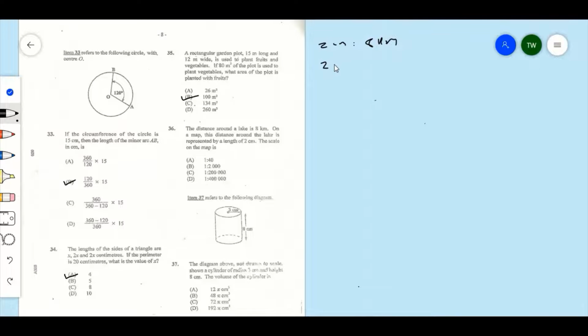So 2 centimeters is the same as 8 times 100,000 centimeters. So 2 centimeters is going to be the same thing as 800,000 centimeters.